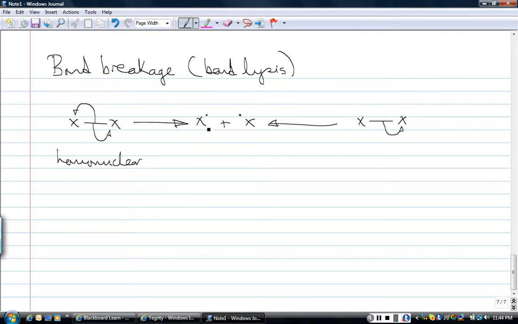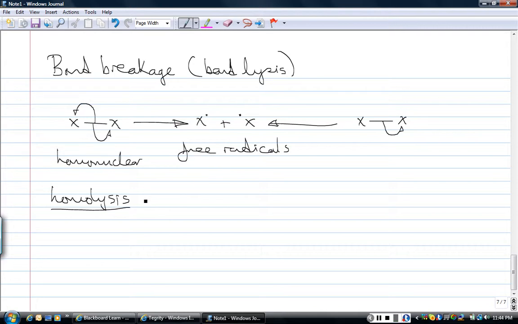Now these 2 species are free radicals. They're both free radicals. And therefore this kind of bond cleavage, where I generate 2 particles that are alike, is referred to as homolysis. So homolysis is bond cleavage that generates a pair of free radicals.